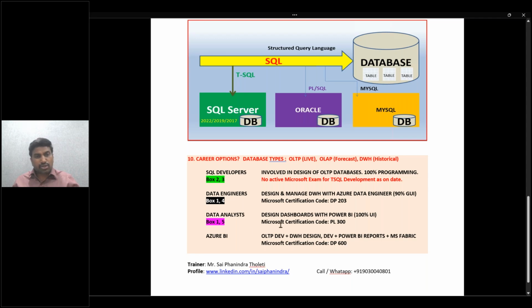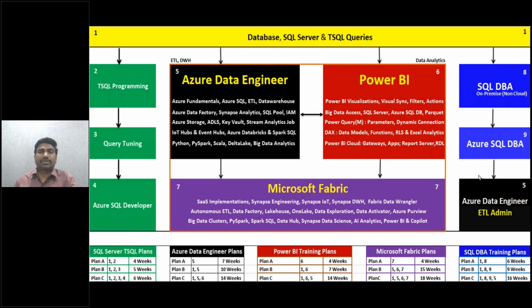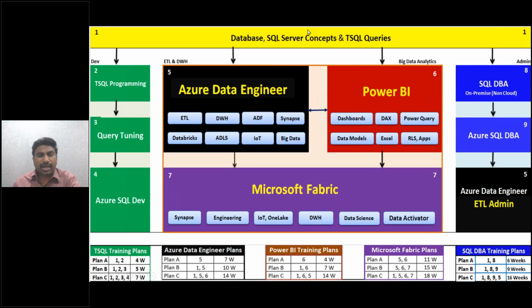Next, so the choice is yours. You may choose whichever you want to opt for. To make it clear again on my screen in an easier way: database SQL concepts and Transact-SQL activities.